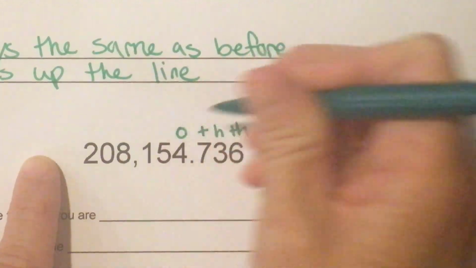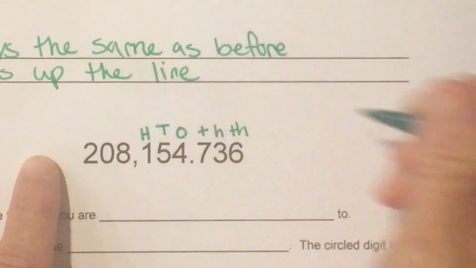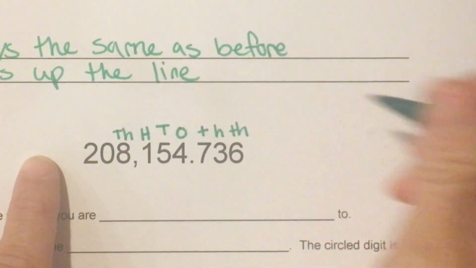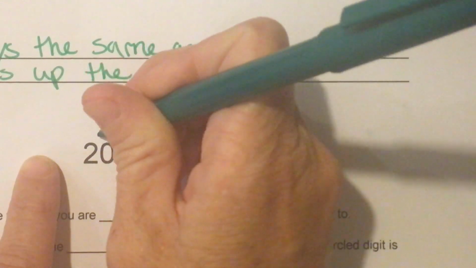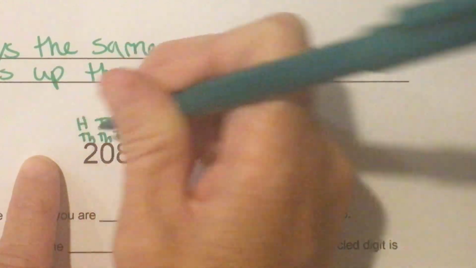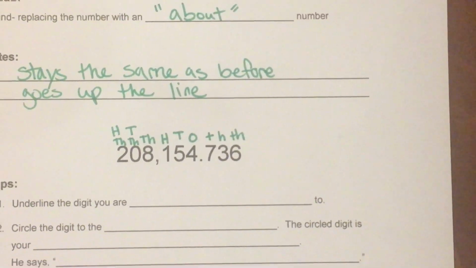I have the ones, the tens, the hundreds, the thousands, the 10,000s, and the 100,000s. It's going to be crucial that you know those. If you're still learning them, remember you can refer to your place value charts that we've glued in your spiral.